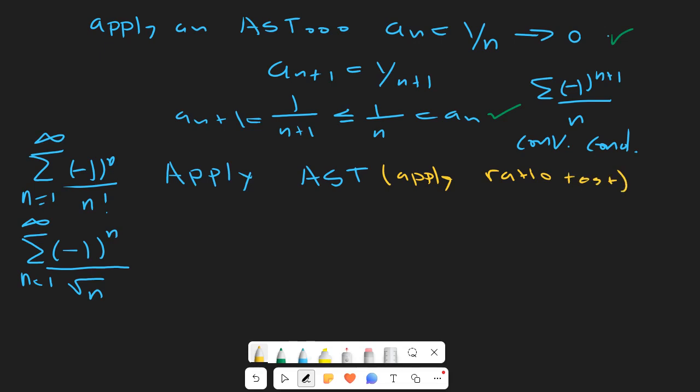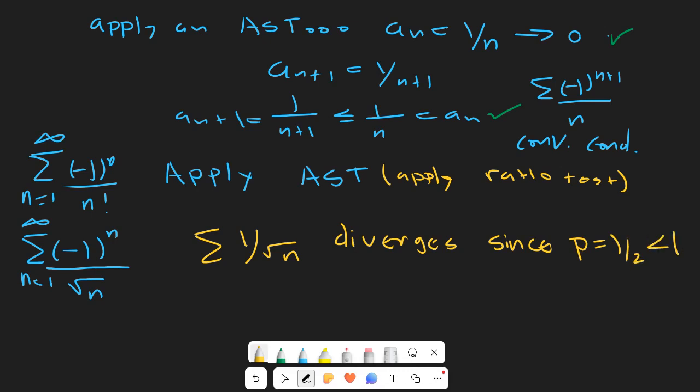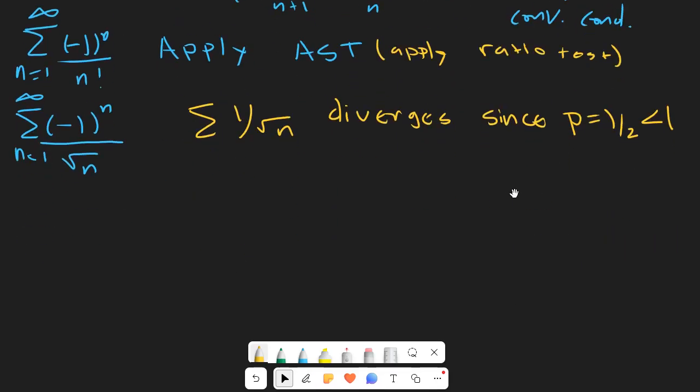Okay, but here, if we look at the absolutes, what are you looking at? You're looking at 1 over the square root of n. But notice this is diverging, since the p series says that p is equal to 1/2, which is less than 1. So that means you would have to find a series test to use, of which that would be the alternating series.